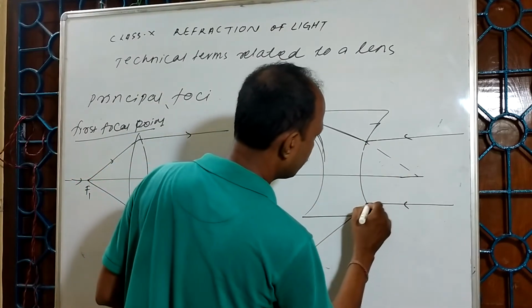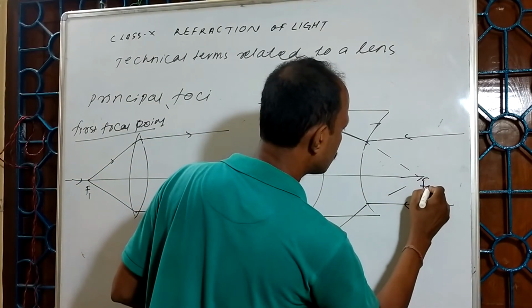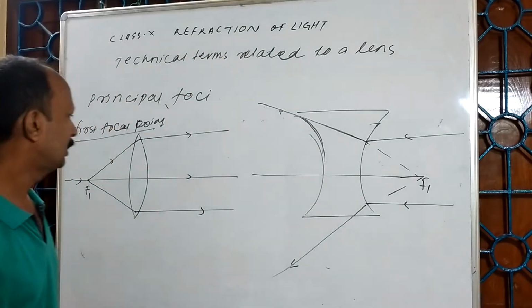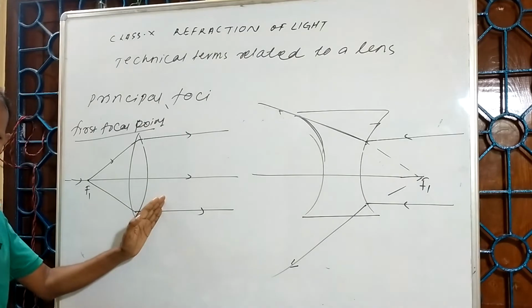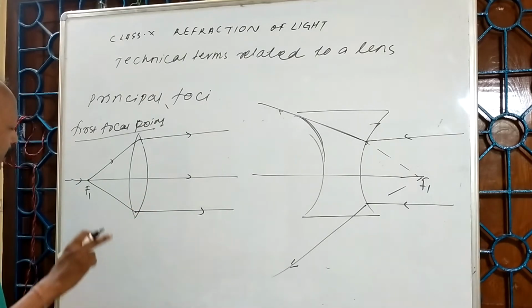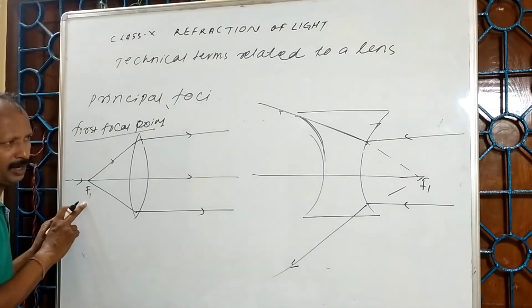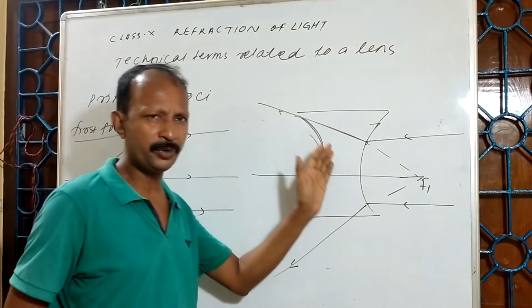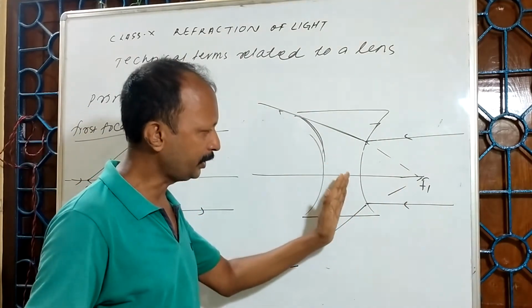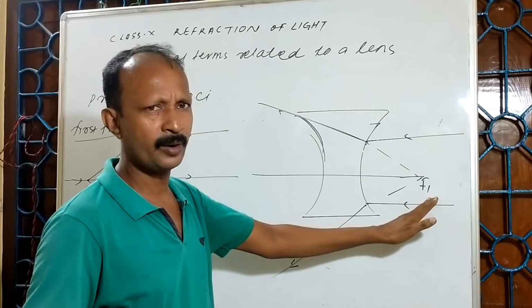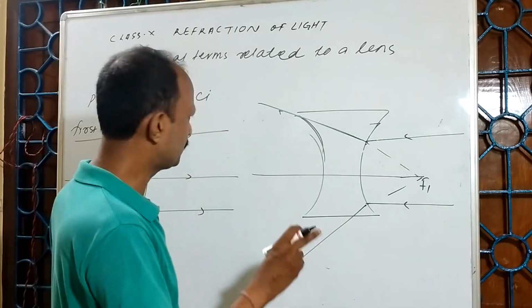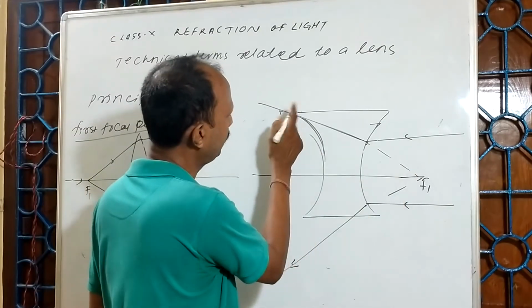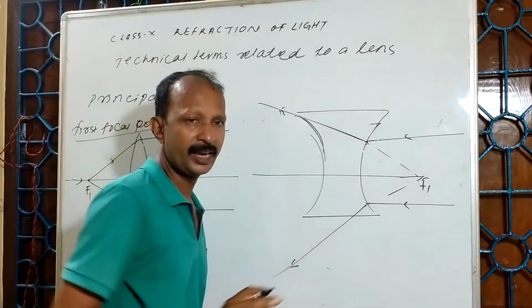It seems that it is coming from this point. That's why here is the F1. So in case of the equiconvex lens, the first focal point I found here F1, and in case of the concave lens, the first focal point is at F1. So it seems that from this point light rays are diverged.